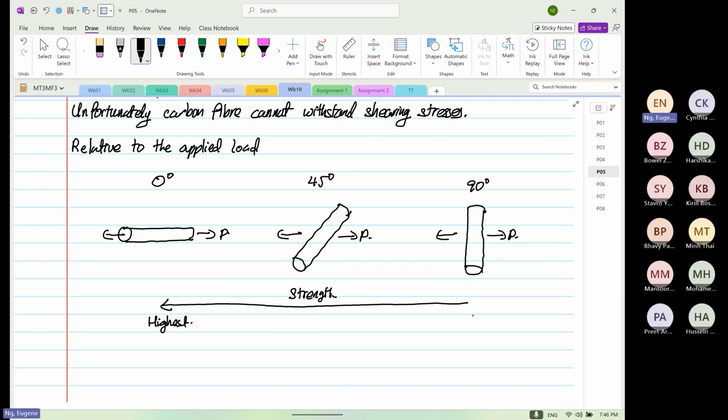And over here, this is the lowest strength. So carbon fiber is very sensitive to how things are loaded.